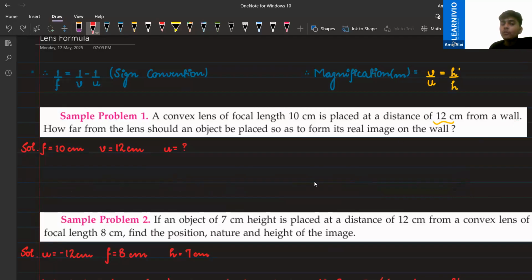Got it? So we have to calculate the object distance. Okay. So how would you find it out?